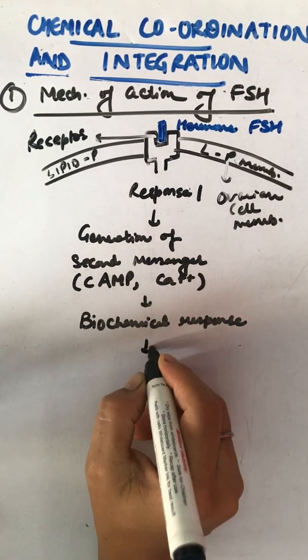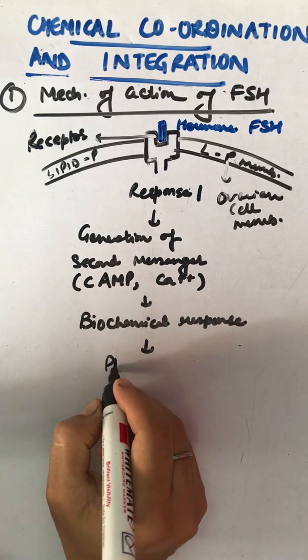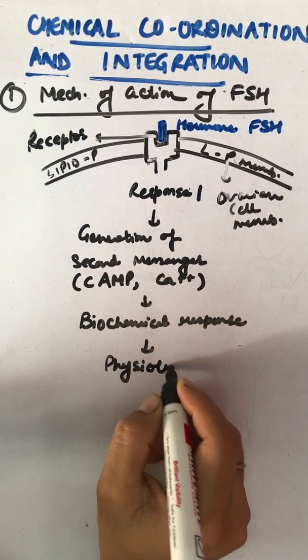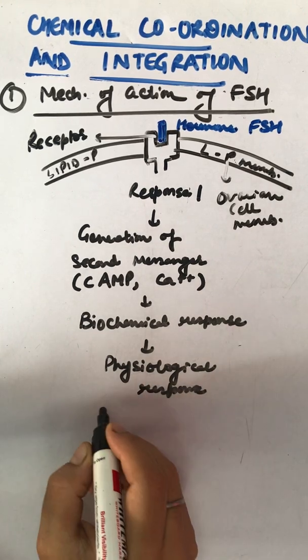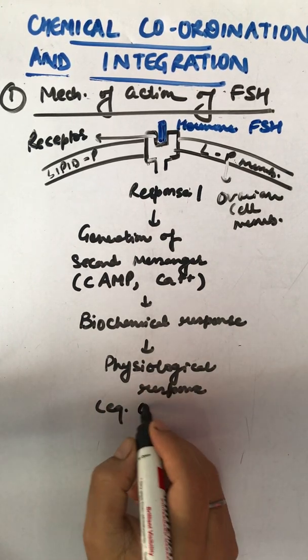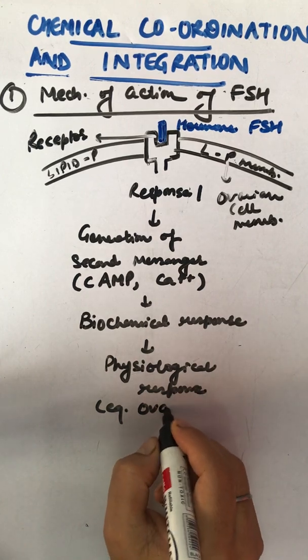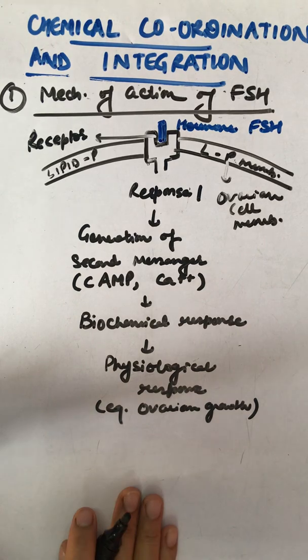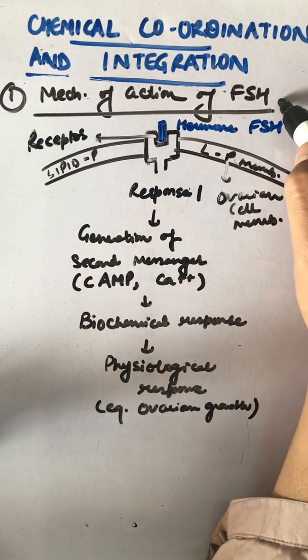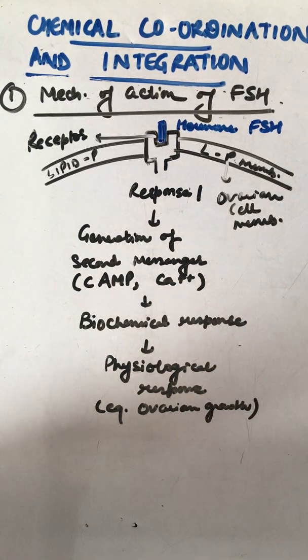What will that biochemical response do? It will generate a physiological response. Where? For example, in the ovaries only, like ovarian growth. Fine. This is about the mechanism of action of FSH.